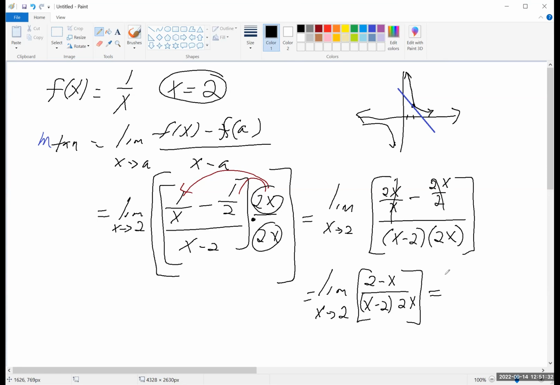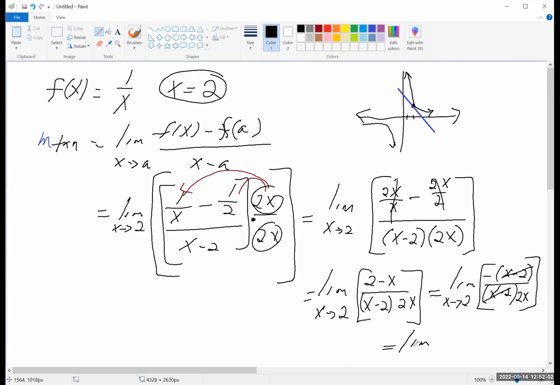And we can simplify a little further. This is a limit of brackets minus parentheses x minus 2. Those can be made to swap positions. And I've got x minus 2 and 2x as x goes to 2. And I know I'm running out of space, but those cancel.